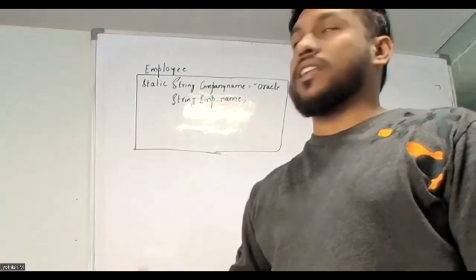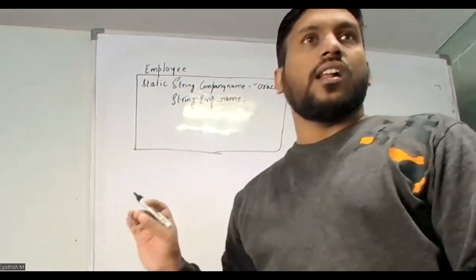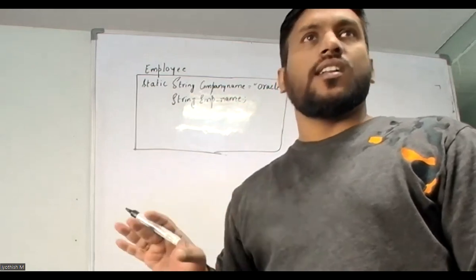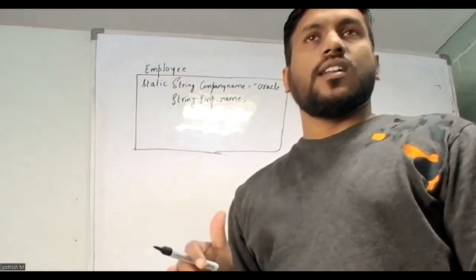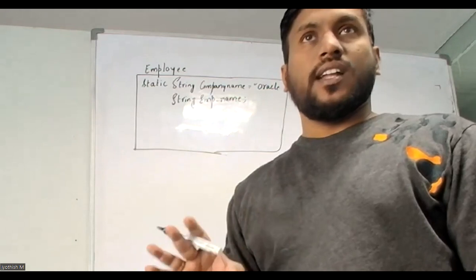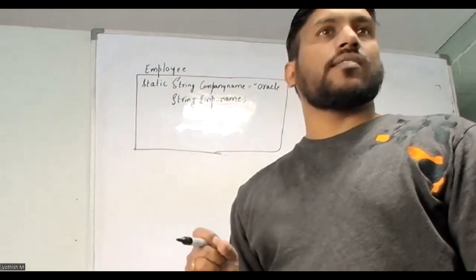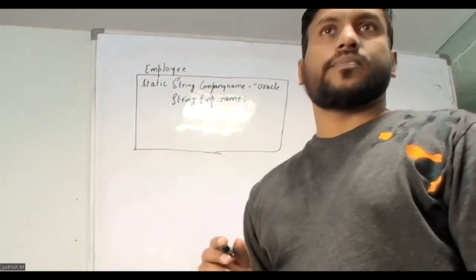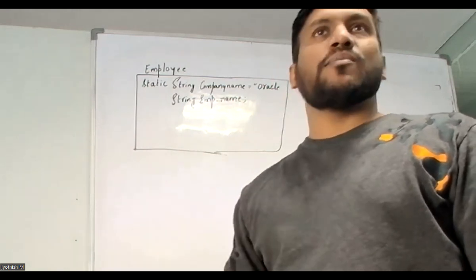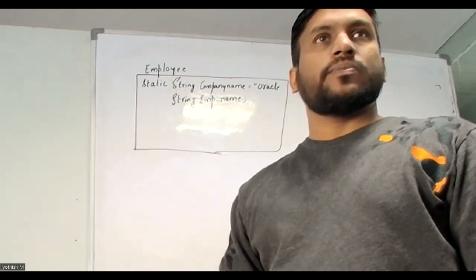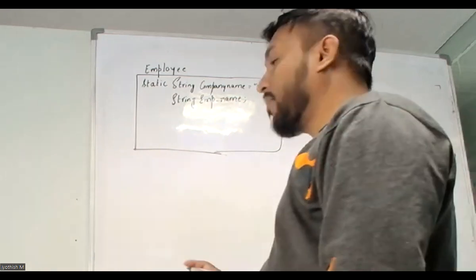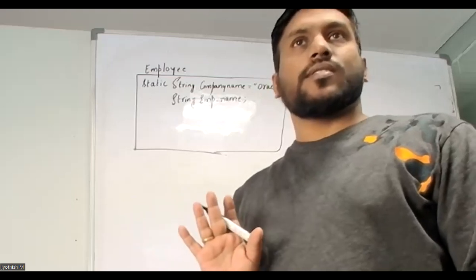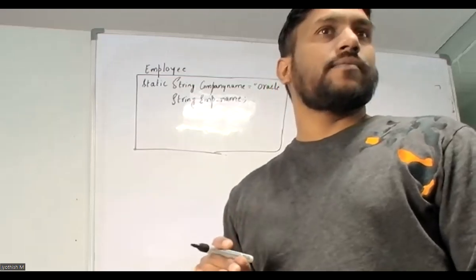The default value for string is null. What is null? Null is not empty. Null doesn't allocate memory. Empty allocates memory. Understanding this? Empty has some memory space. Null doesn't have memory space. That is the difference between empty and null.